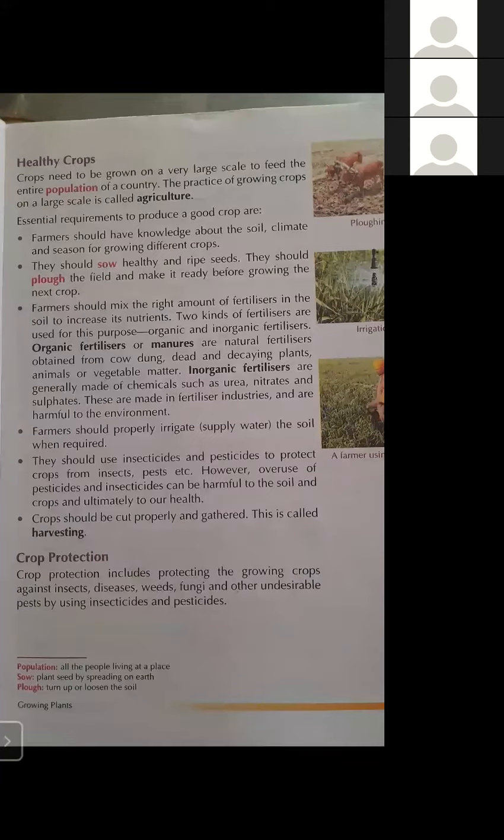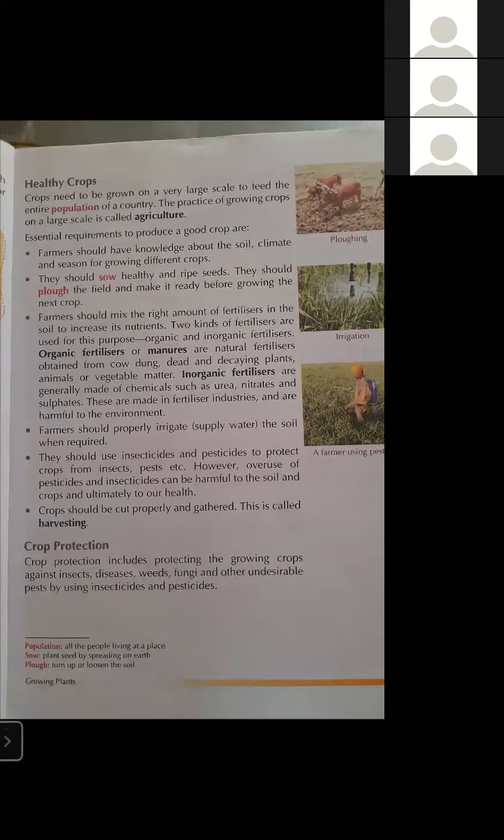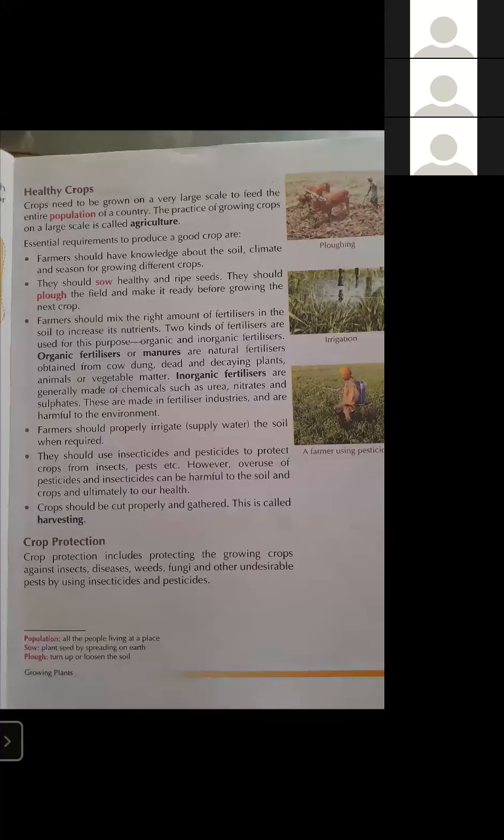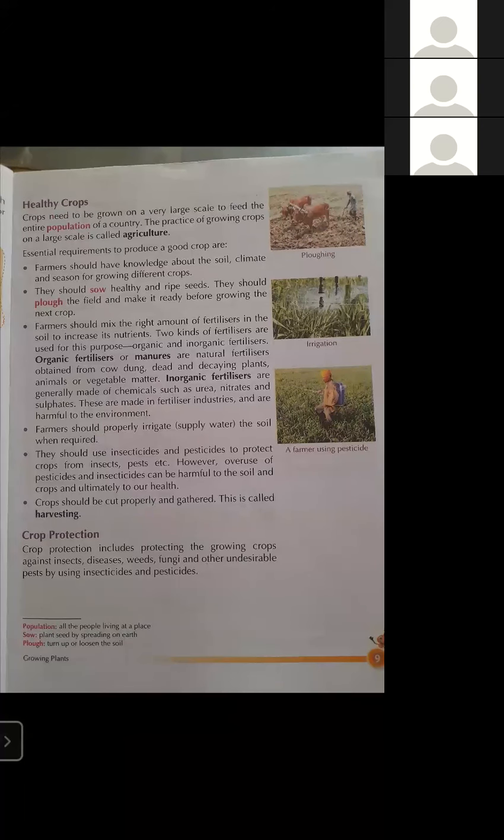Next is healthy crops. So what does a farmer actually do to make a crop healthy? Crops need to be grown on a very large scale to feed the entire population of the country.